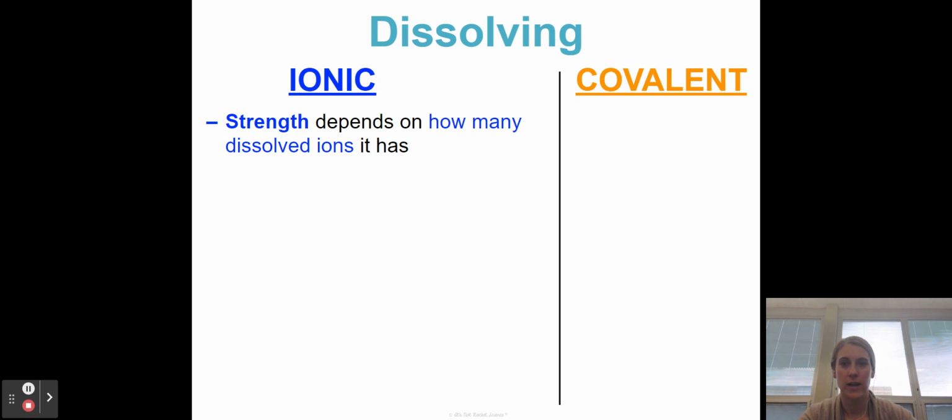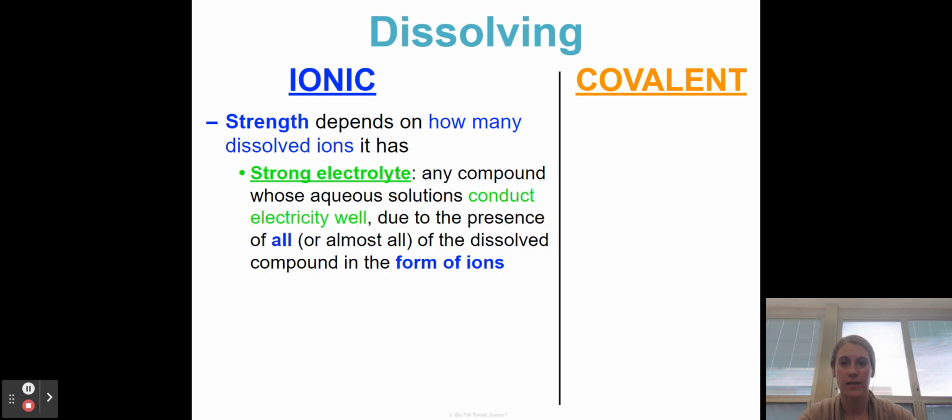The strength depends on how many dissolved ions it has. A very strong electrolyte means it has lots, like almost all of a dissolved compound forms ions. So lots of ions present means you have a strong electrolyte. If you were to test this in your conductivity tester, it would shine very brightly.